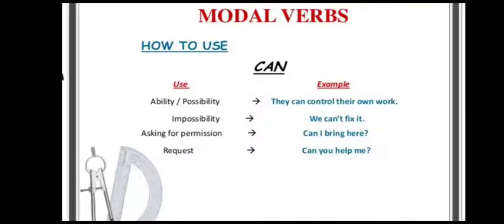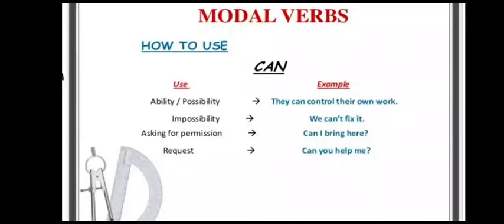Now, can is used, as you know very well, when we are talking to a person who is on the same level, or your friend, or in an informal way. So, we can use can for taking permission. For example, can I bring this here? Can I take your pencil? Like this.